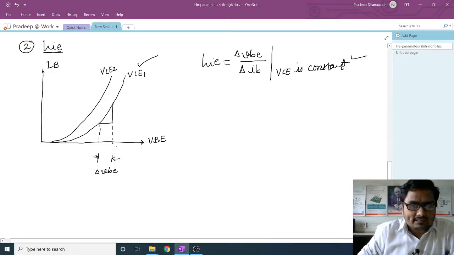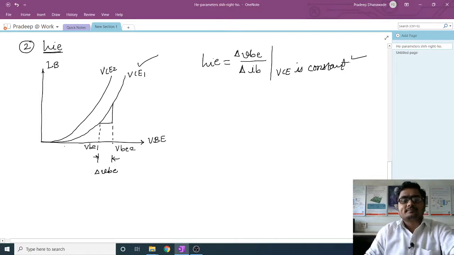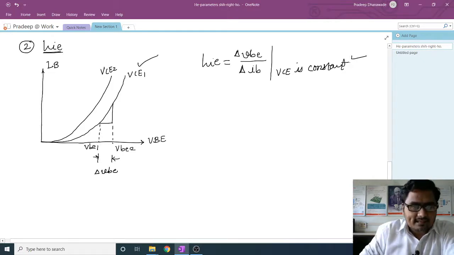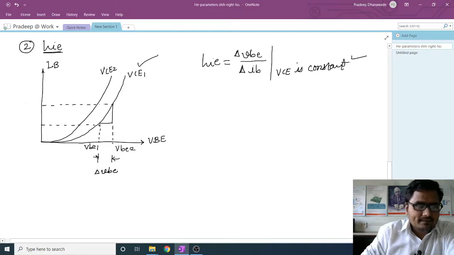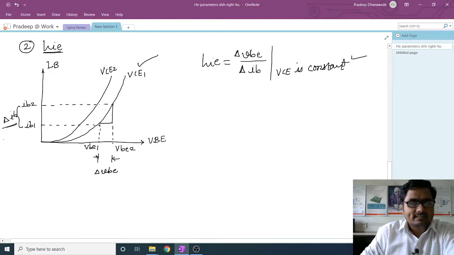I will call this VBE2 and this VBE1. In the same way, I trace them on the y-axis, and I will call this IB2 and this IB1. This gives me delta IB. Now this is delta IB and this is delta VBE.